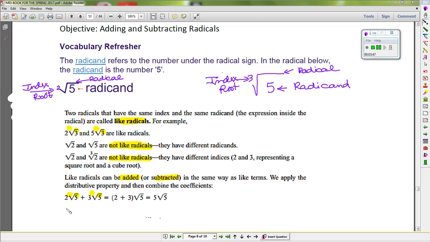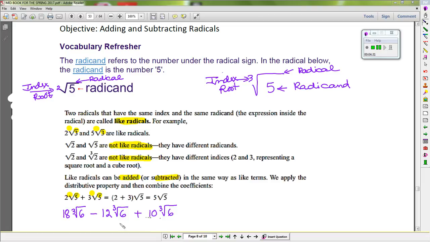So let's move on to subtraction. If I have maybe 18 cube roots of 6 minus 12 cube roots of 6 plus 10 cube roots of 6.